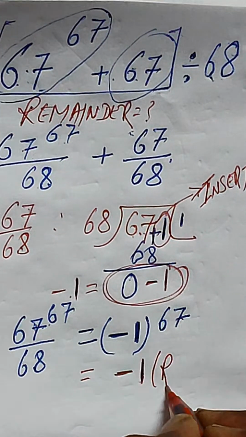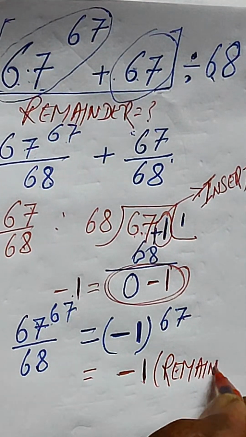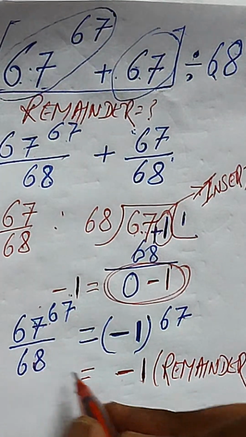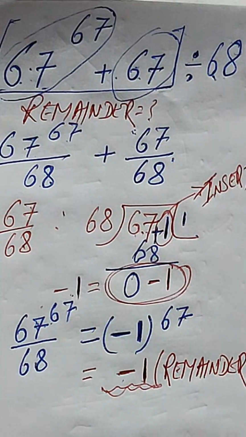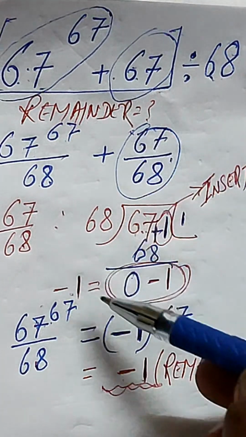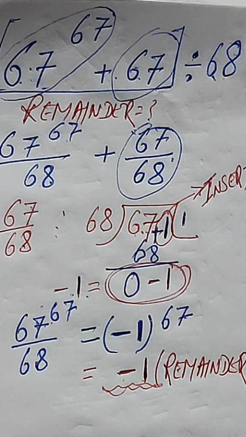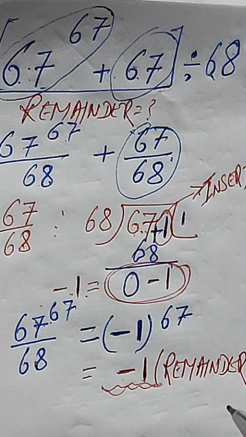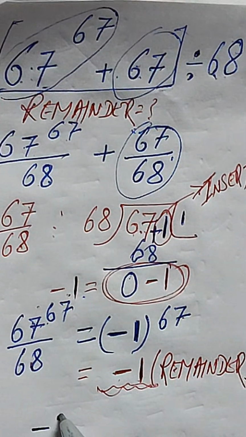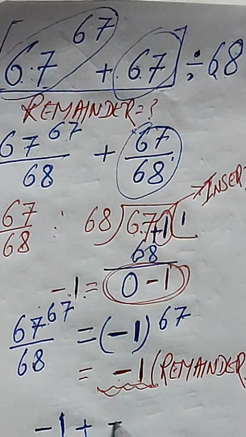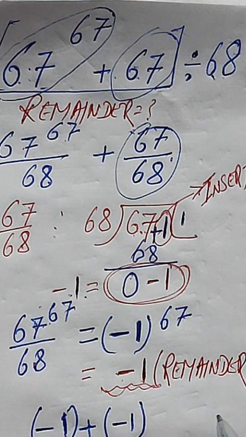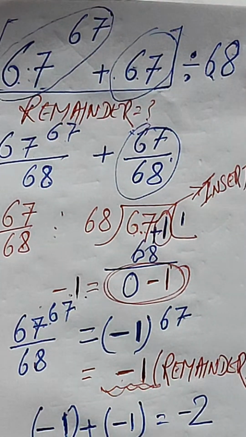So minus 1 is the remainder for the first term, that is 67 power 67 by 68. And for the second term, the remainder is already calculated as minus 1, right? So for both the terms, minus 1 and minus 1, this will give you minus 2, right?